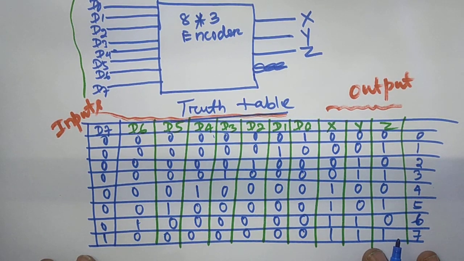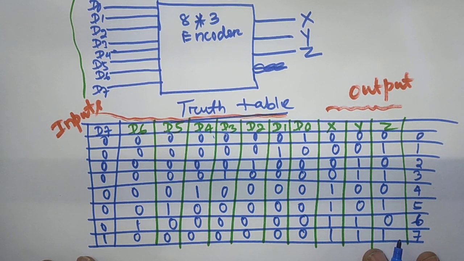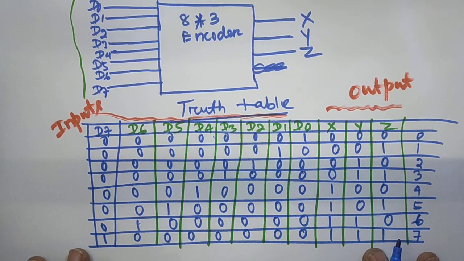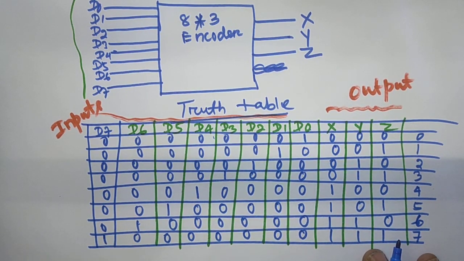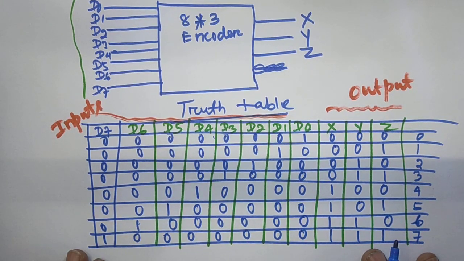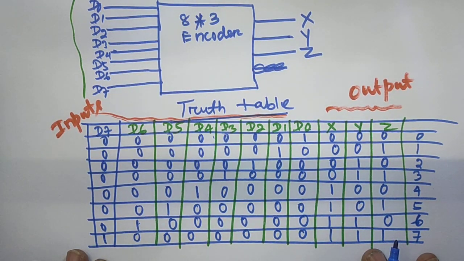I also designed two encoders. One is a 4 to 2 encoder and the other an 8 to 3 encoder. These two encoders I designed, and I hope all of you understand all these basic concepts, how to design an encoder, the types of encoder and the corresponding truth table of the encoder.